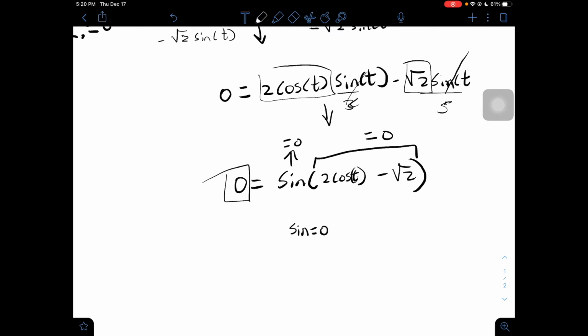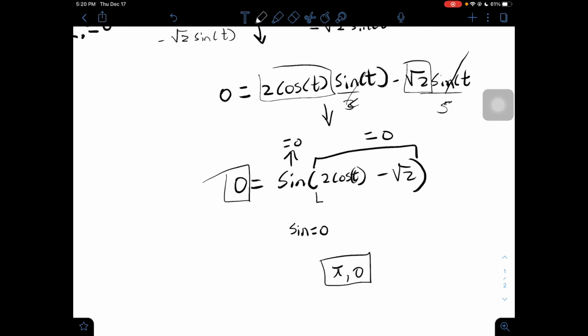As we said in our previous video, sine is the y value and cosine is our x value. So here we're looking for when sine is 0, and since sine is our y value, we know that our y value is 0 at pi and 0. So our first two answers are pi and 0.